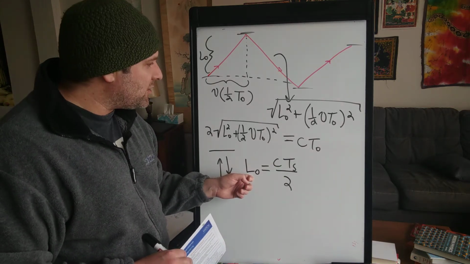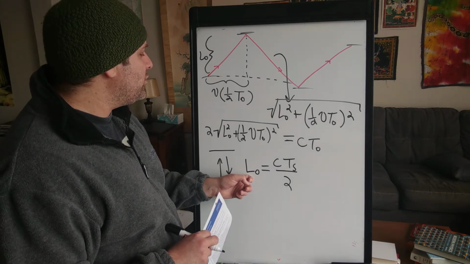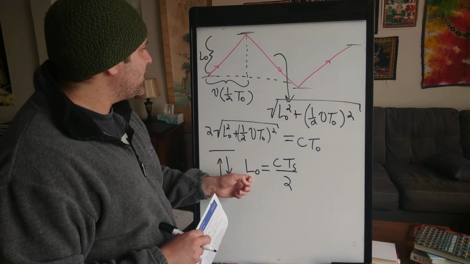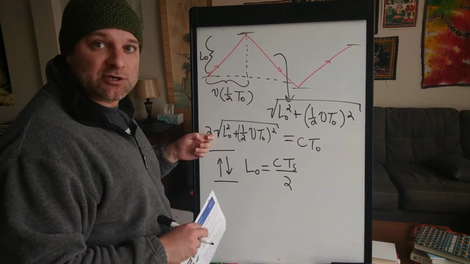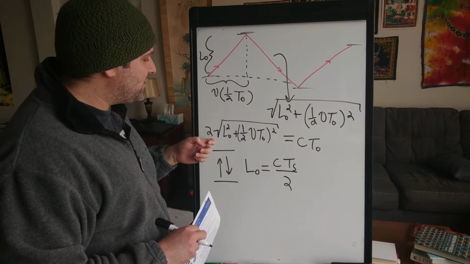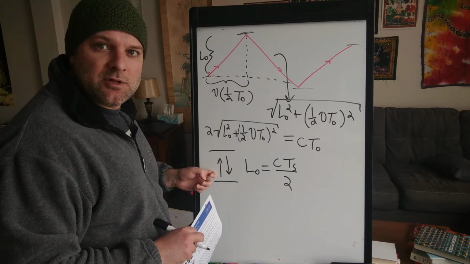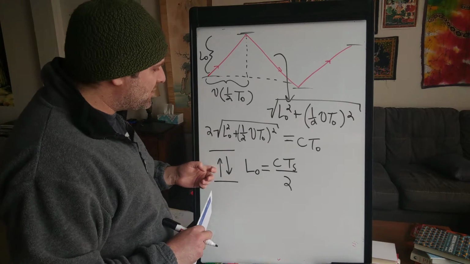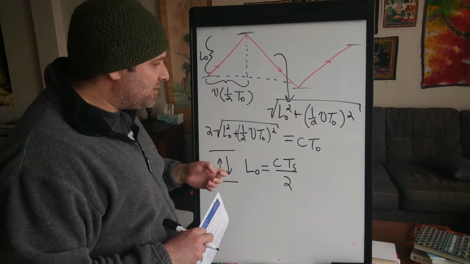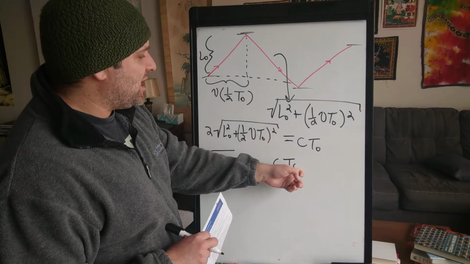Okay? So there are essentially 2 ways to calculate this distance. 1, from the unmoving person's perspective on Earth, and 2, from the moving person's perspective, who thinks they are not moving, in their spaceship. Right? The difference is which time we use. Right?